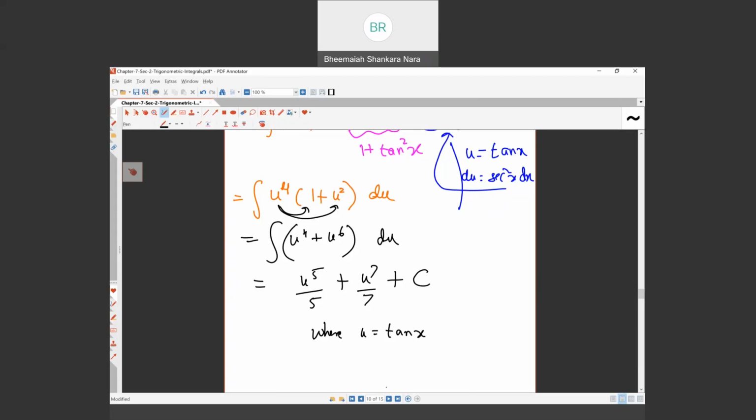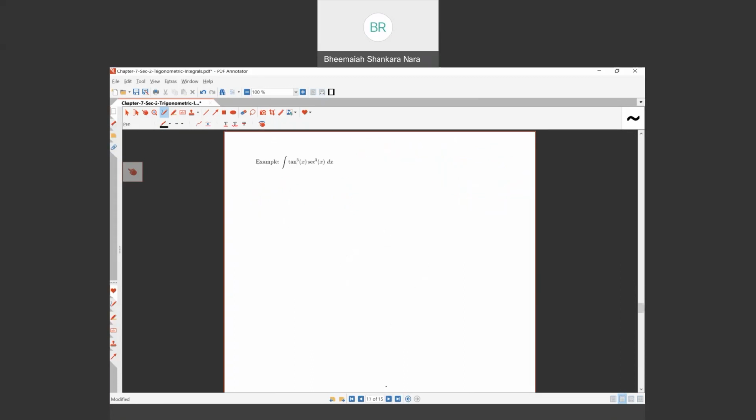The next example, tangent to the 5x times secant cube x. So let us split this power 5 as tan to the 4x times tangent x, and let us split the secant cube x as secant square x times secant x.